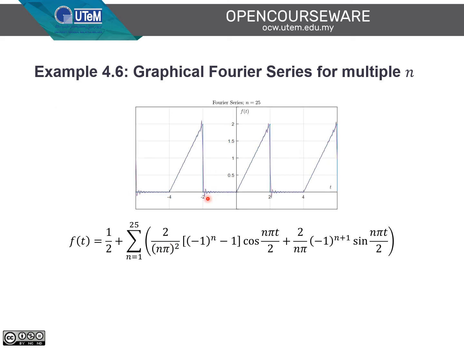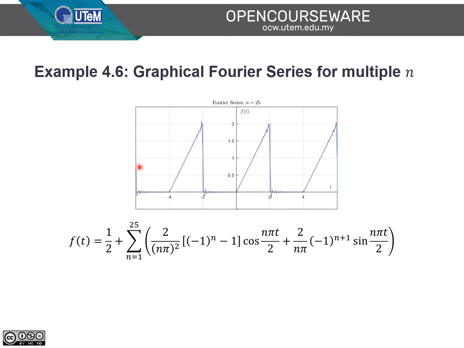So what happens if we keep increasing the values of n? In this slide, the plot is when we choose n equals 25. We solve the series from n equals 1 to n equals 25 and plot the series.